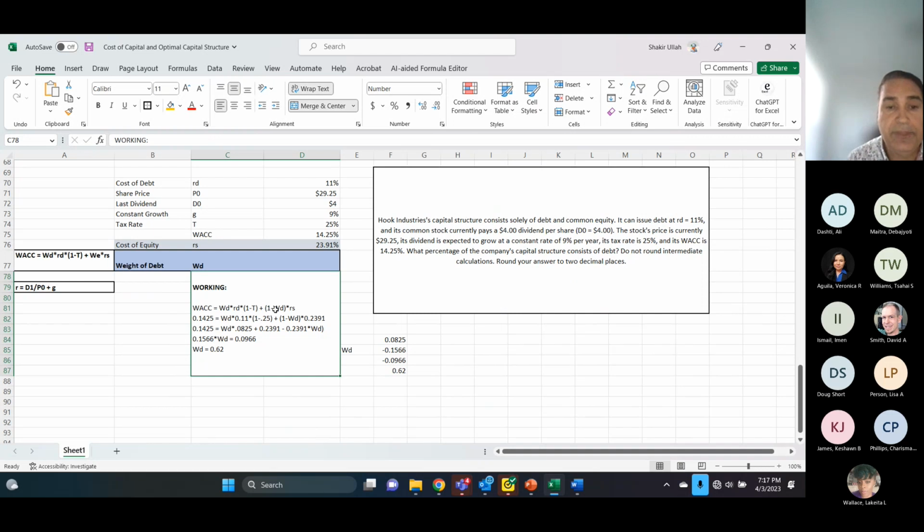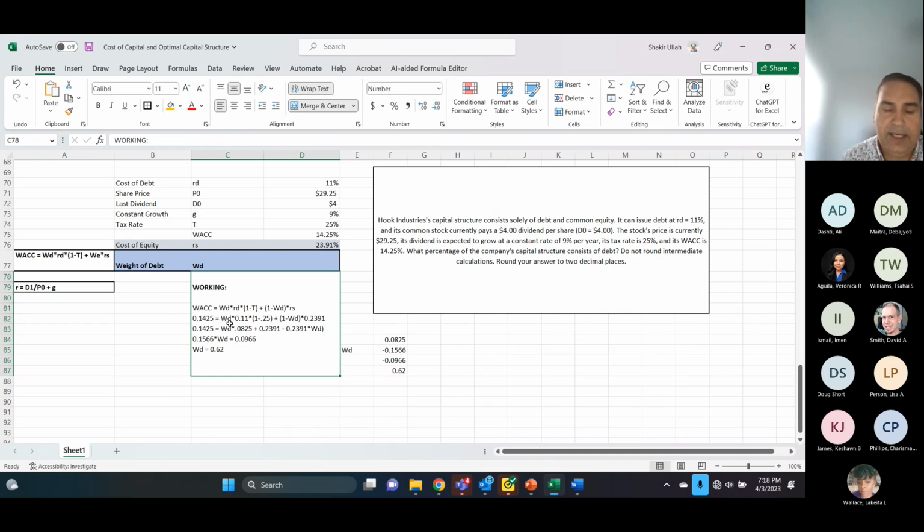So putting in those values, like whatever is known, we know the weighted average cost of capital, so I use that value. WD is not known, RD is known, I use that, 1 minus T, and plus 1 minus WD, which is actually the weight of equity, and then multiply this with RS, which we just calculated, 23.91% or 0.2391.